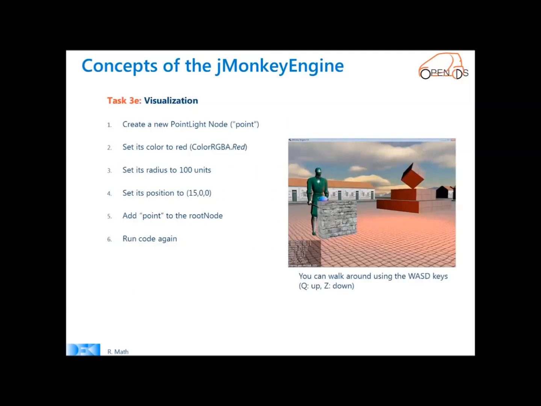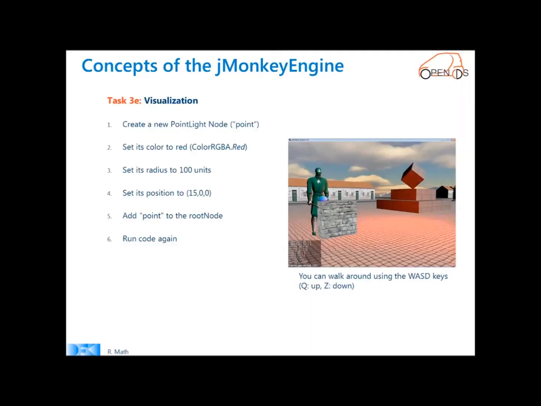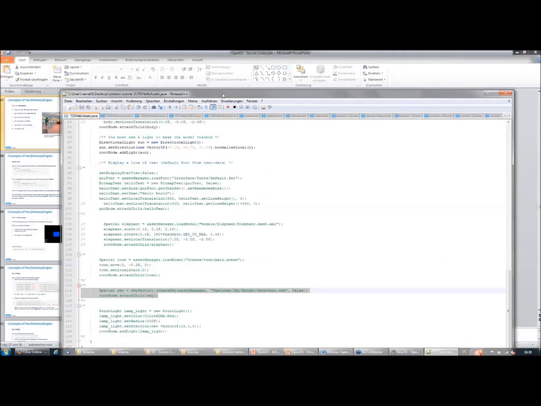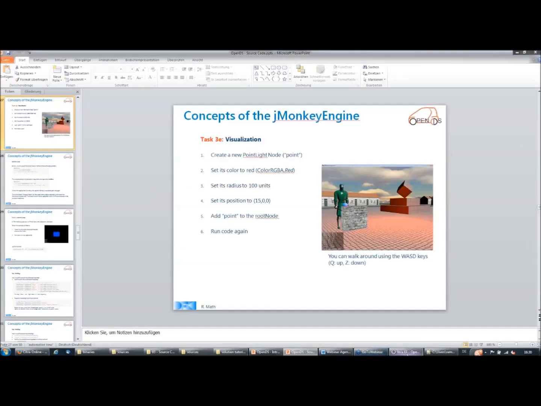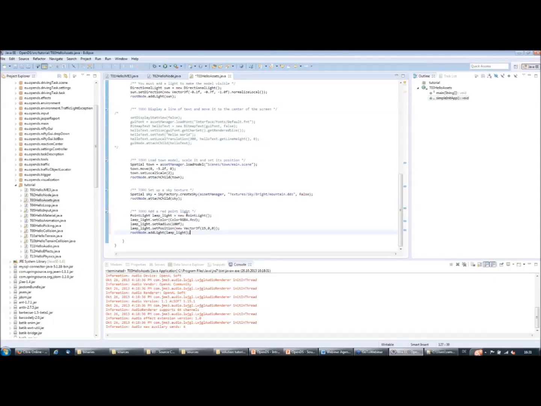Okay, so here's just an example on how to place a point light. I add a new point light at that position.